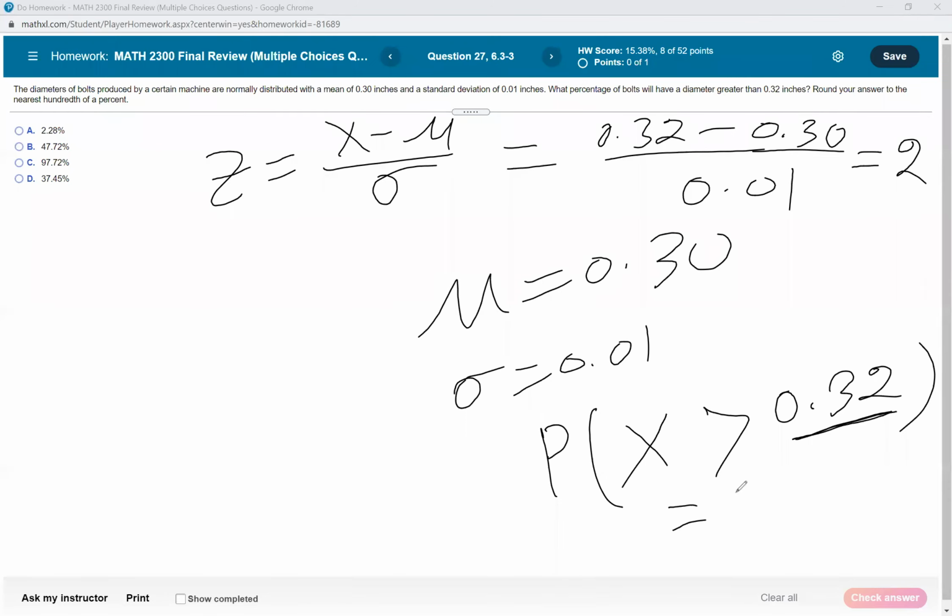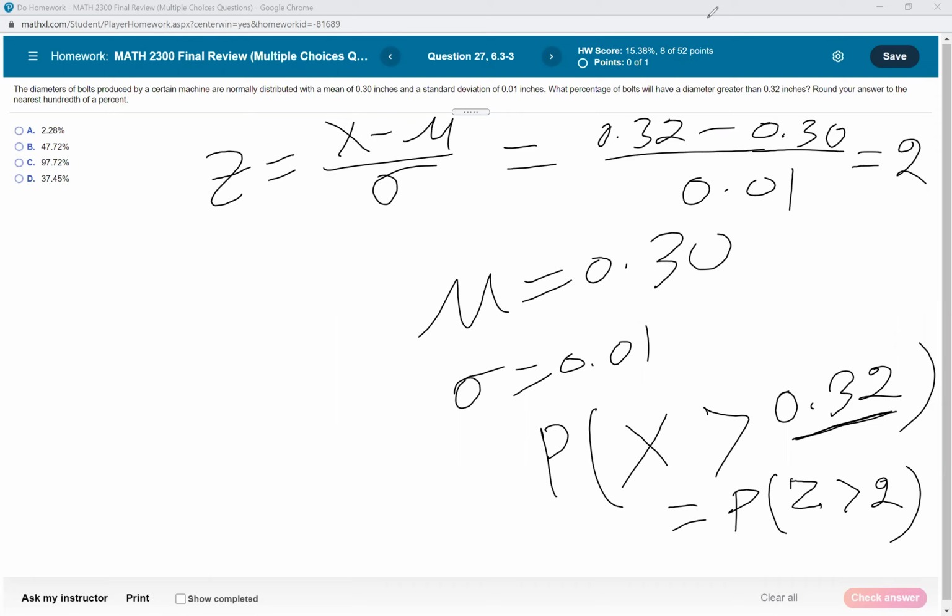So that means we need to find the probability. Now we standardize, so it will be z greater than 2. So we need to find this probability. I think it will be 2.28%. Or you can look at the z table.